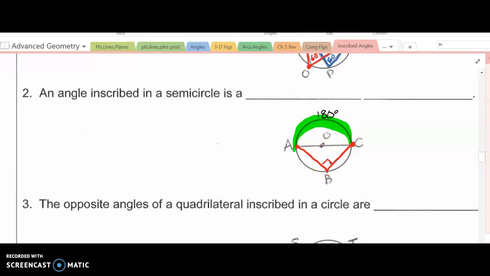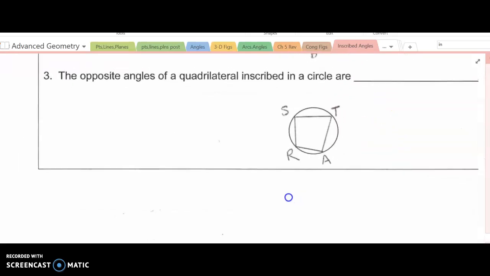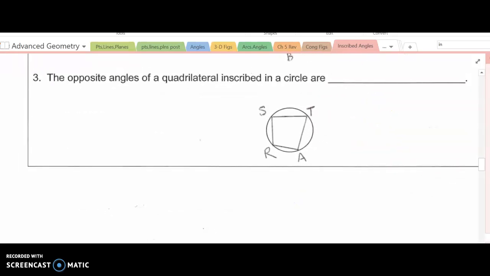In other words, it's 90, so it is always going to be a right angle.